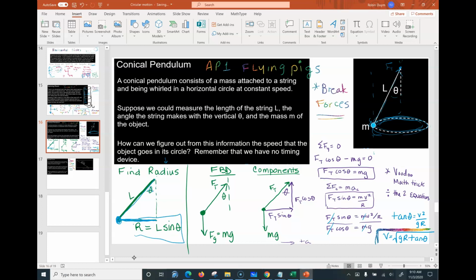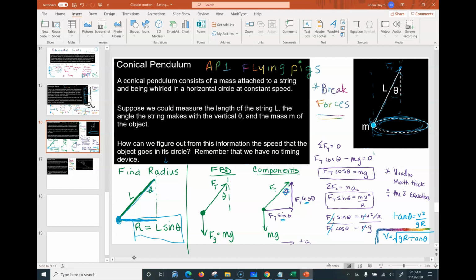So your radius is L sine theta. Here's your free body diagram. Here's that force of tension that needs to get broken up into components, and the only other force is the weight of the object. So breaking it up into components using this angle, this is my opposite side and this is my adjacent side.